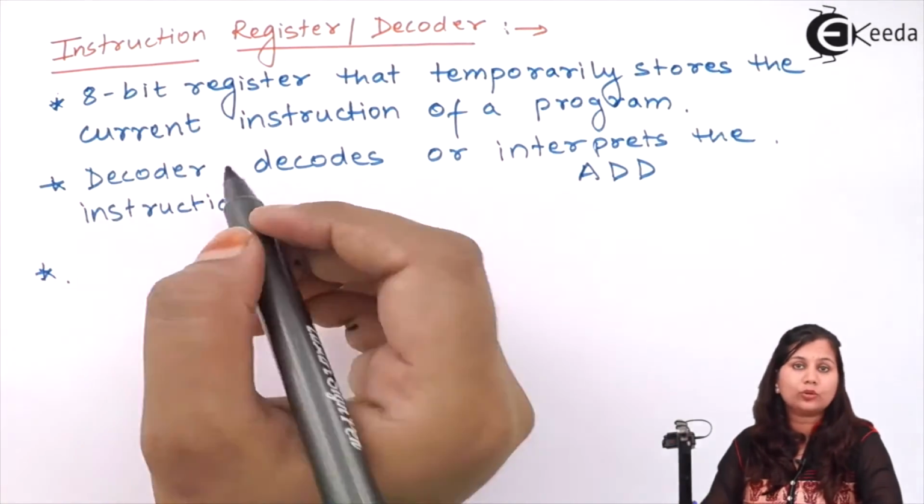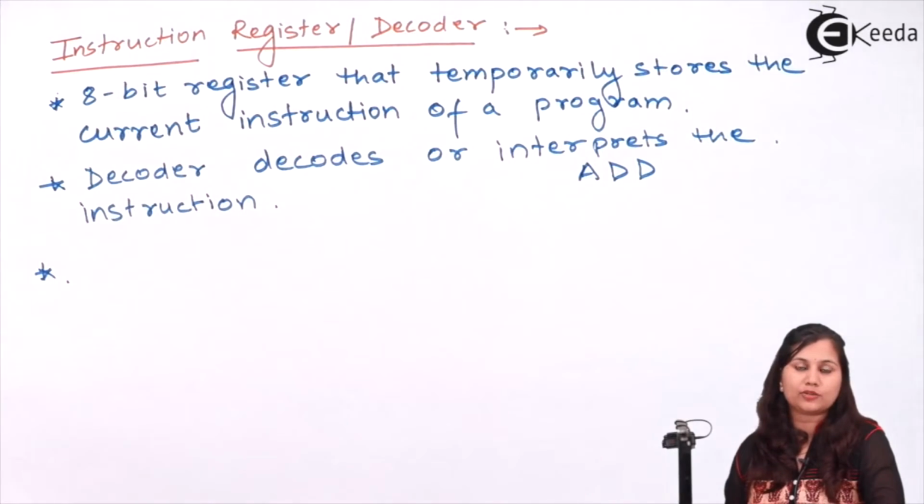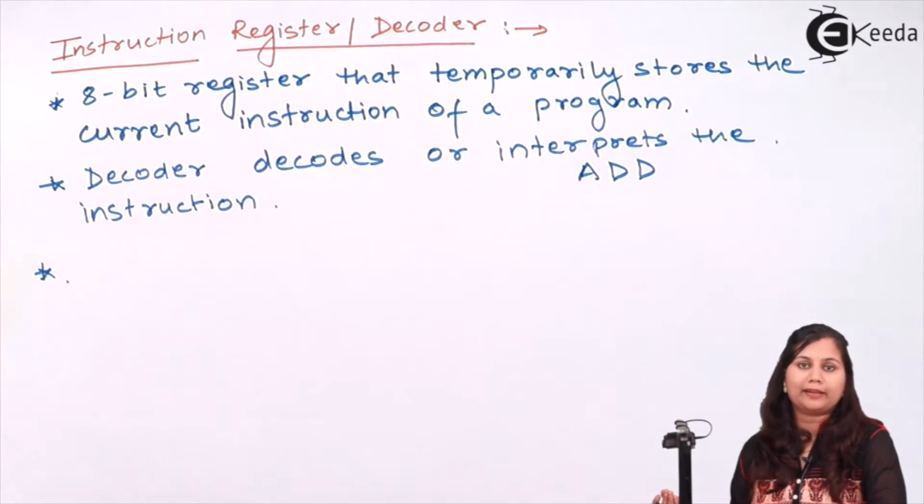And then this decoded instruction is passed to the next stage so that the microprocessor can understand that it has to perform the addition of the two numbers. It will start reading the two numbers from the memory location.